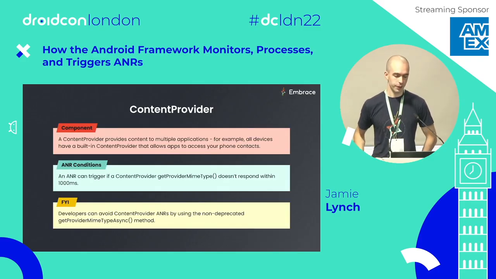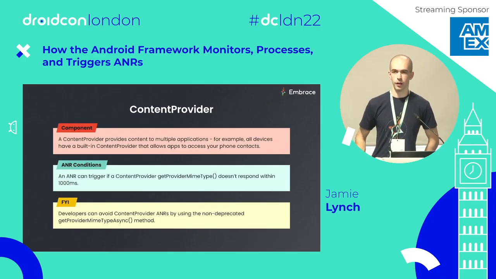Finally, let's cover a content provider. This is probably a little less common as a component, but it has quite an interesting condition in that there's only one ANR that can be triggered from a content provider specifically. The condition is if you don't call getProviderMimeTypeAsync within 1 second.